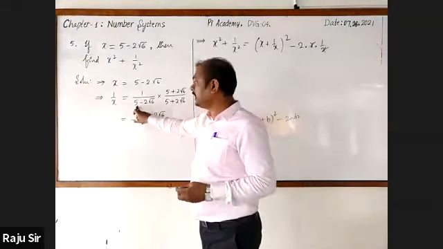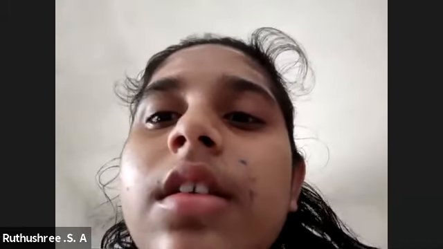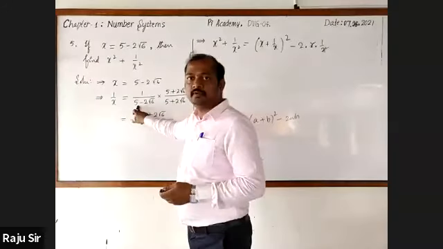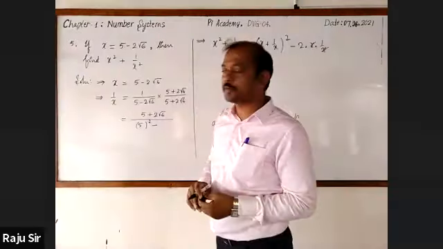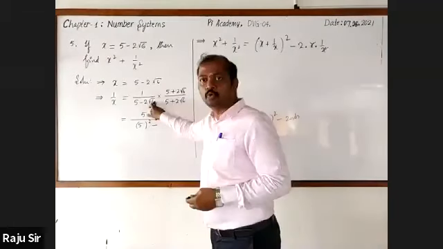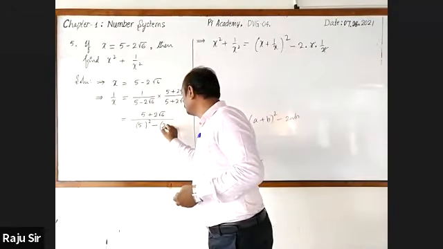Rutushri, what is a square here? 5 square, minus b square. It is 2 into root 6 whole square, right?